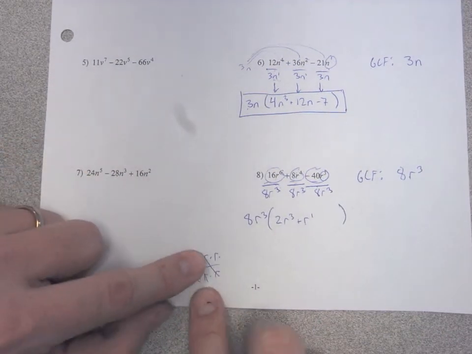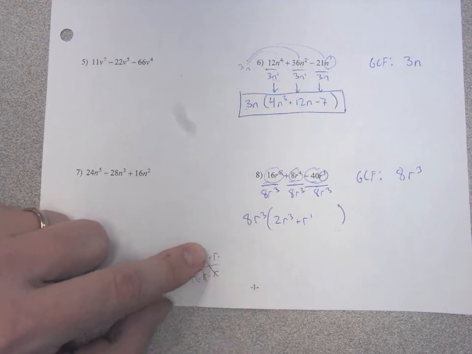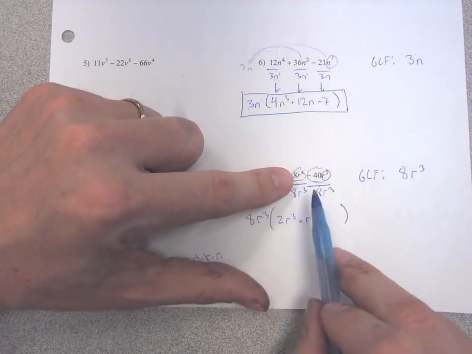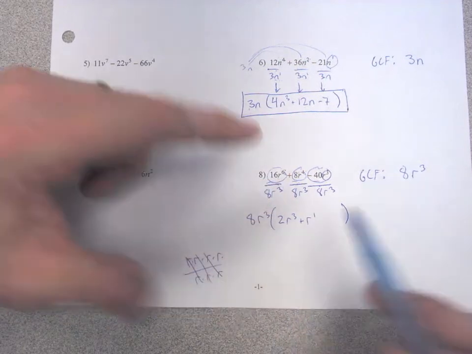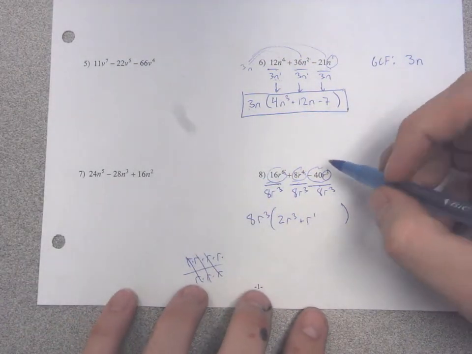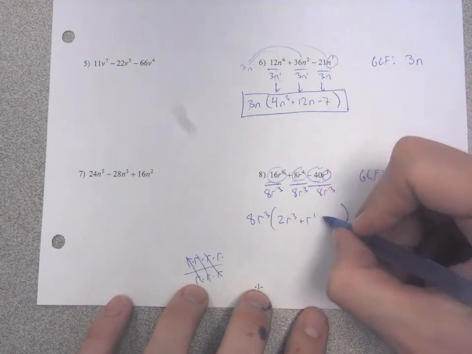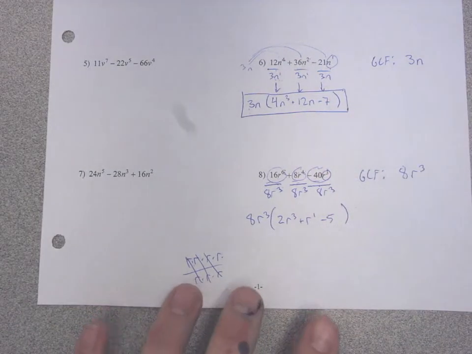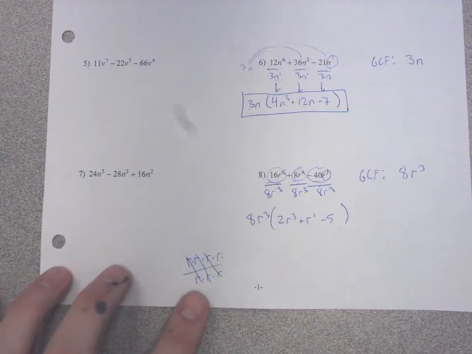Cancel out 3 of them, there's 1 left. So of these 4 r's that are all multiplying each other, I can cancel 3 of them, there's going to be 1 left. So that goes back to the quotient property we talked about. All right, here we have negative 40 over 8, which is negative 5. r to the third over r to the third is just 1. All the r's cancel, and we don't need to write any r's anymore.